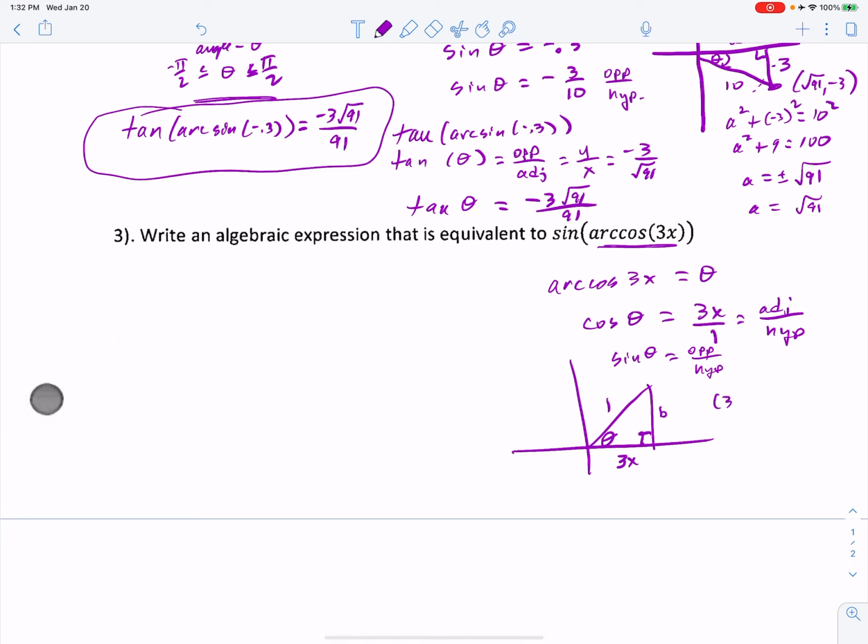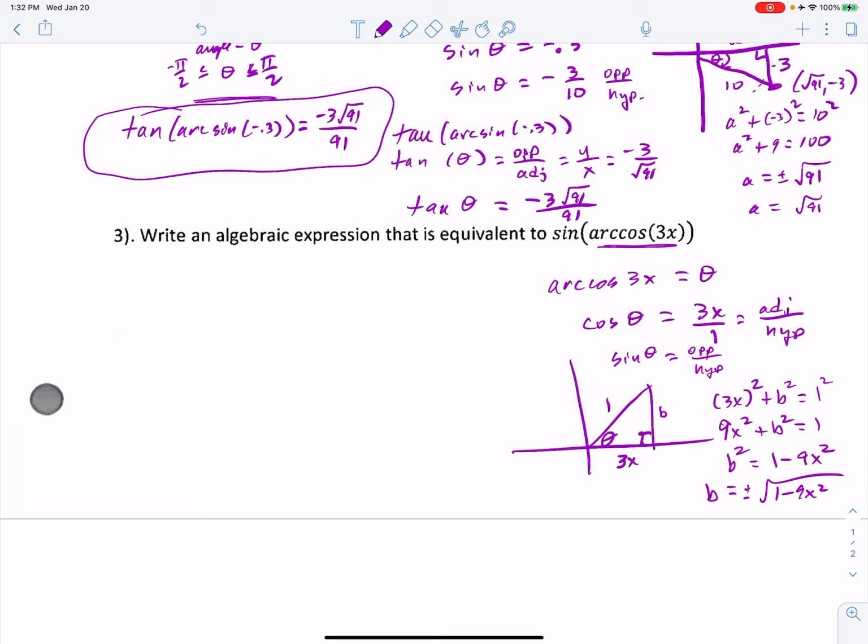And so we have 3x squared plus b squared equals 1 squared, or 9x squared plus b squared equals 1. So b squared is 1 minus 9x squared. And so b would be plus or minus the square root of 1 minus 9x squared.